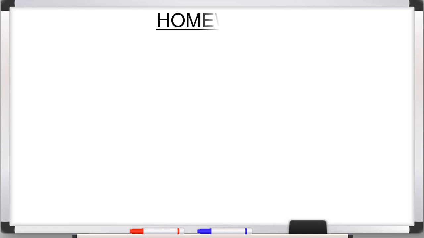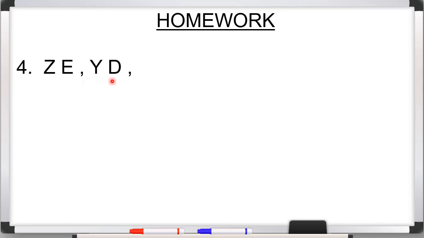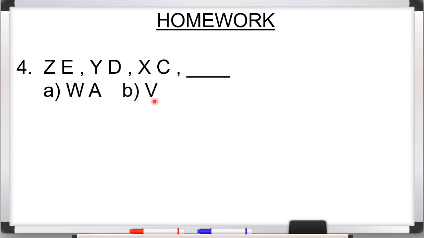Now in homework, our question number 4 is, see question number 4, ZE, YD, XC, dash. Option A, WA, option B, VB, option C, WB, option D, AW.